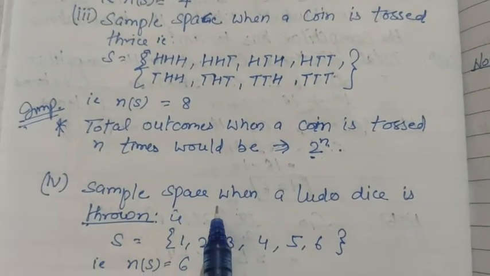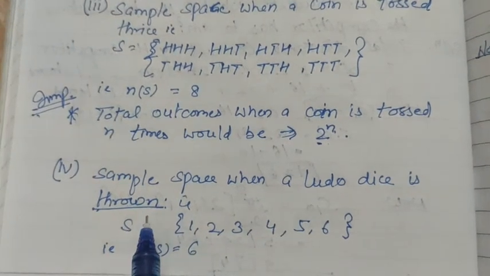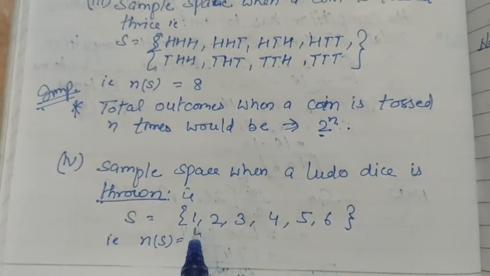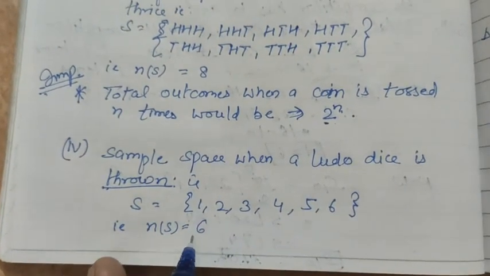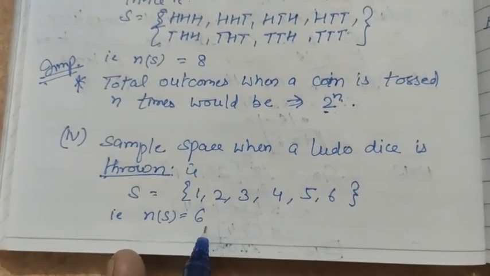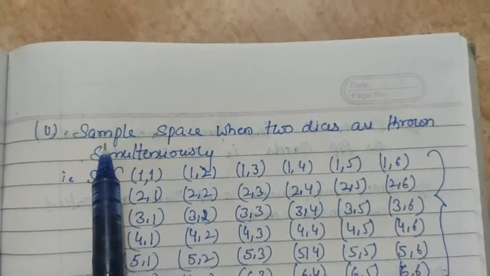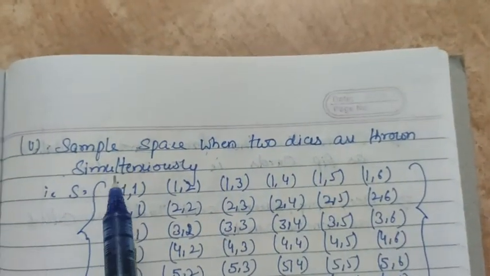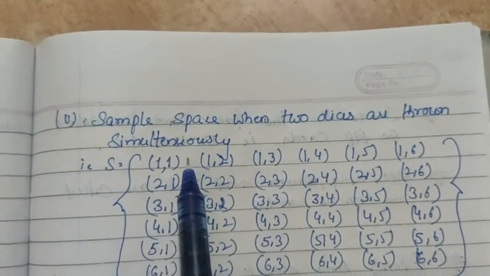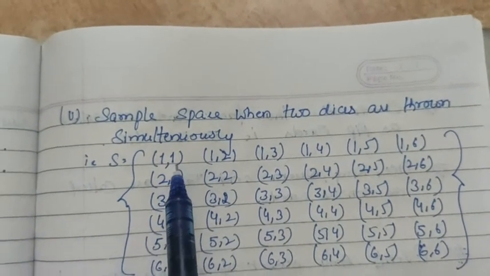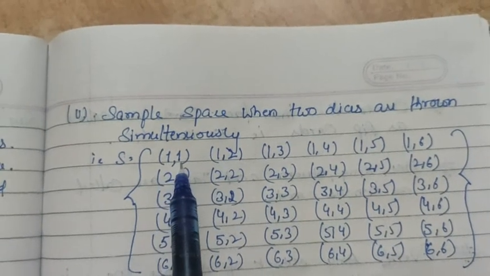Next, the sample space when a Ludo dice is thrown. The outcomes will be 1, 2, 3, 4, 5 and 6. So the number of outcomes in the sample space is 6. Now the sample space when two dice are thrown simultaneously. The outcomes will be 1 on the first die and 1 on the second die.